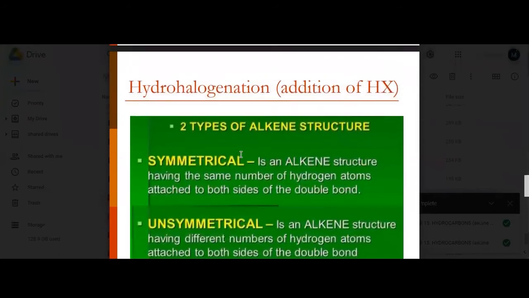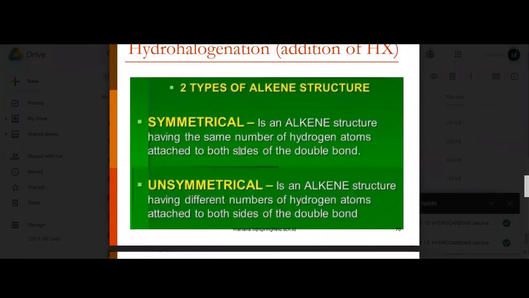There is a problem here in addition of HX, because the product will differ if you add to a symmetrical alkene and if you add to an unsymmetrical alkene. Symmetrical alkene is like ethene here. Look here, this is symmetrical.